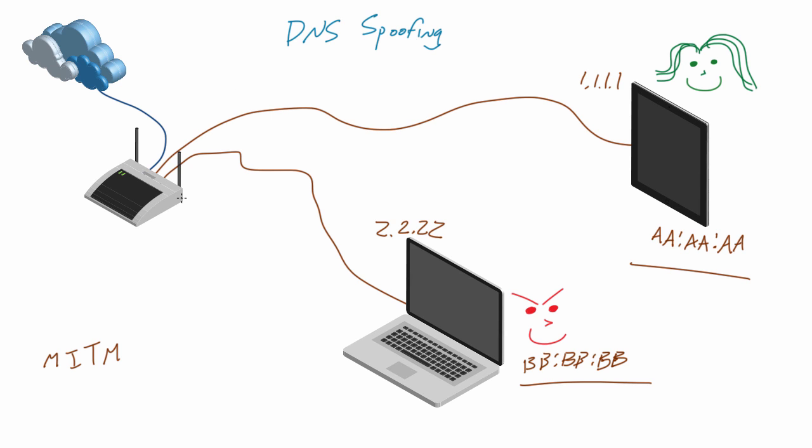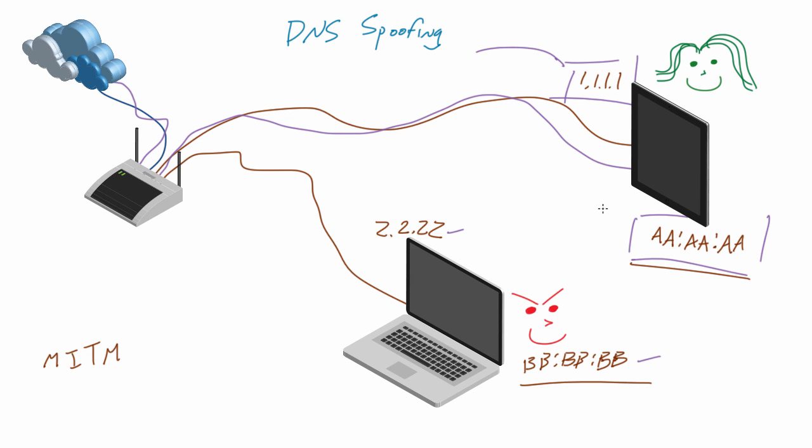Once the router is aware which IP address correlates to which MAC address, whenever it gets traffic from the internet destined for, let's say, 1.1.1.1, it says, okay, I know that is meant for this device A. So routers and the internet use ARP to correlate an IP address to a device.